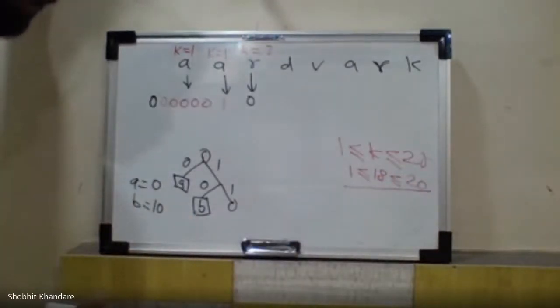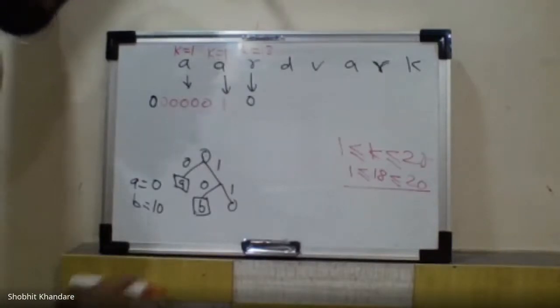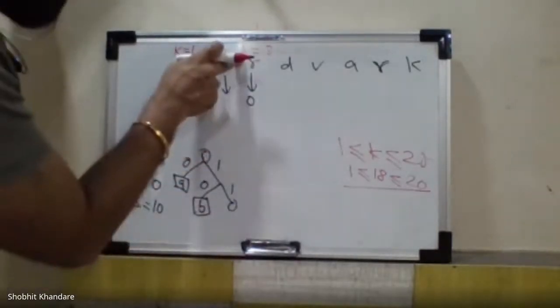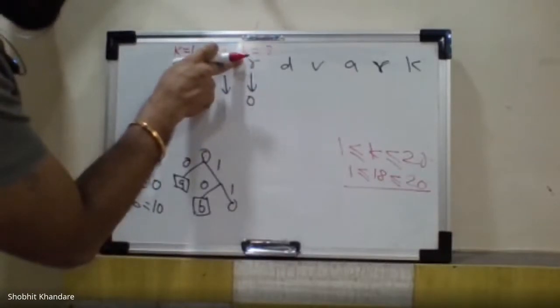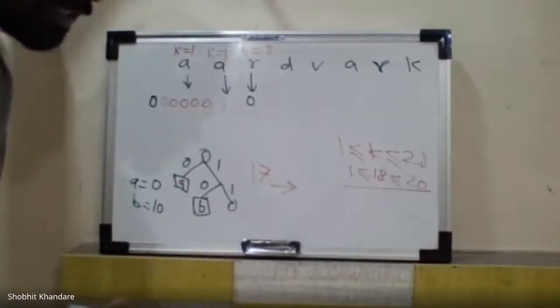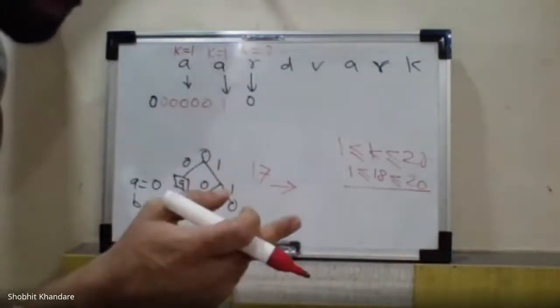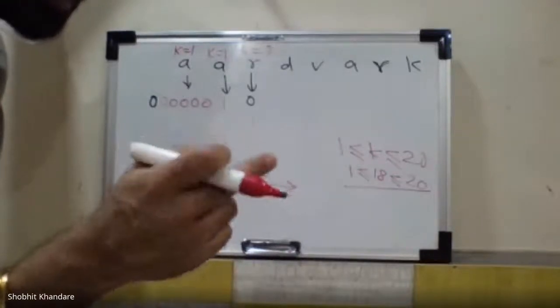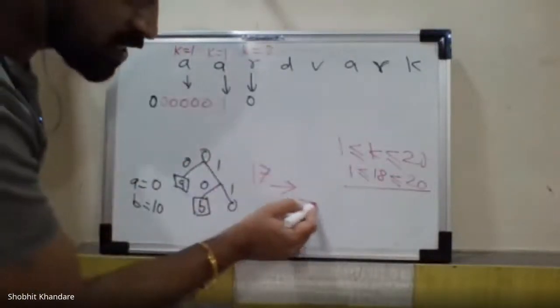So what I have to send? I have to send E plus 1 bits used to represent K minus 1. What is K minus 1? 17. Yes. How do you represent the 17? In how many bits? E plus 1. E plus 1 is 4 plus 1, which is 5. I want to represent this in 5 bits.